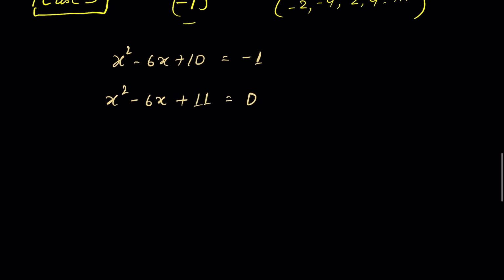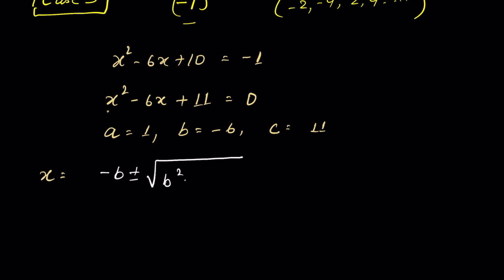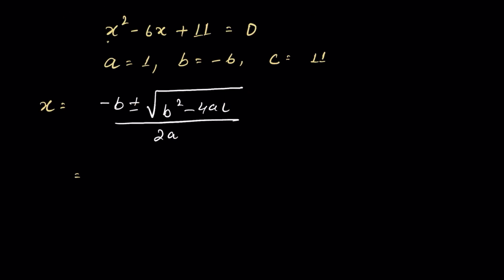We can find the roots using the discriminant formula, as this is a quadratic equation where a is the coefficient of x², that is 1, b is −6, the coefficient of x, and c is 11. So x equals (−b ± √(b² − 4ac)) upon 2a. So (6 ± √(6² − 4 × 11)) upon 2.